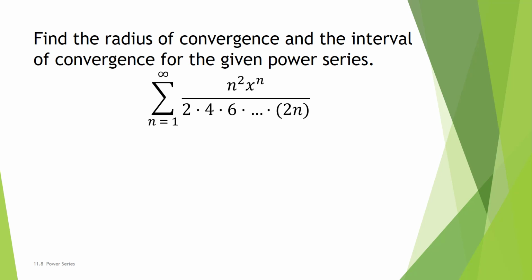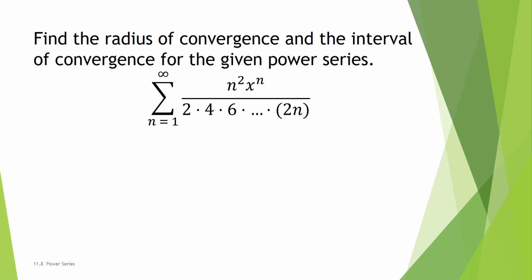For my first one, we have the sum from n equals 1 to infinity of the term n squared x to the n, all divided by a product 2 times 4 times 6 times up to 2n. I wanted to go over this because that product on the bottom is a little bit strange.